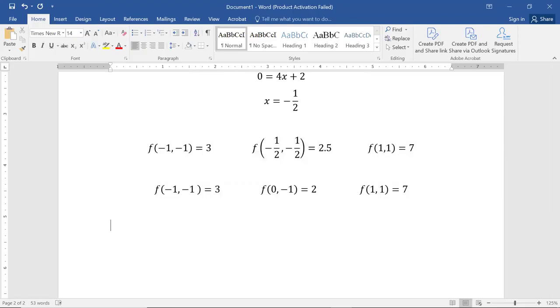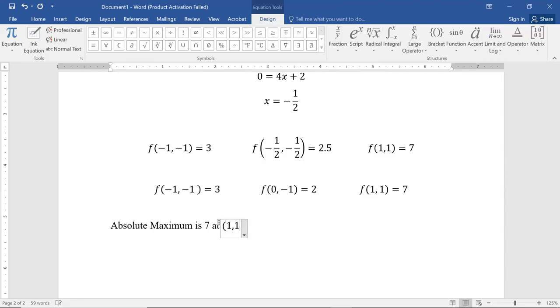And so the answer to this constrained optimization problem is that the absolute maximum for the function over the region happens at the point 1, 1 and is 7. So the absolute maximum is 7 at the point 1, 1.